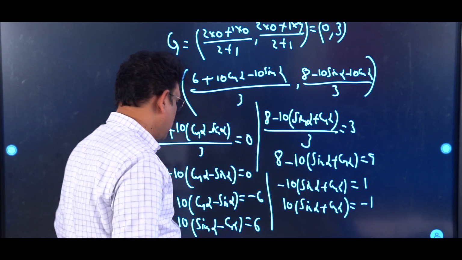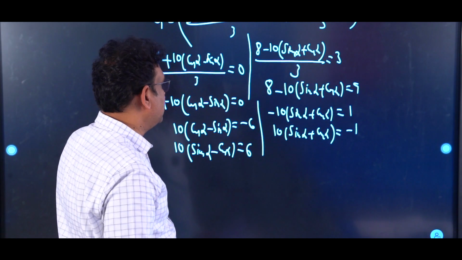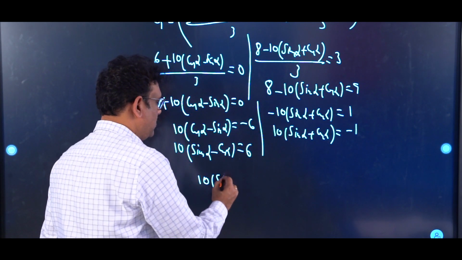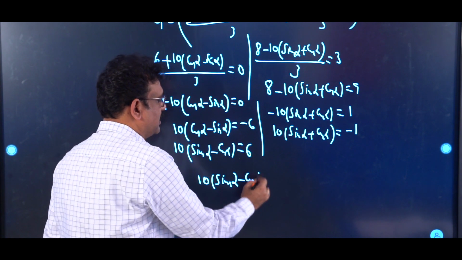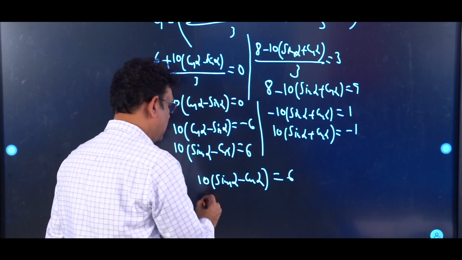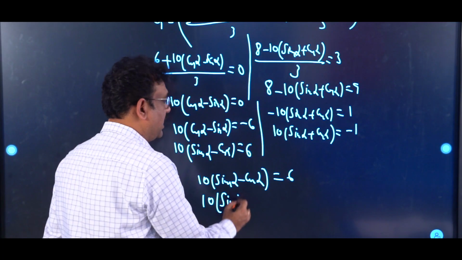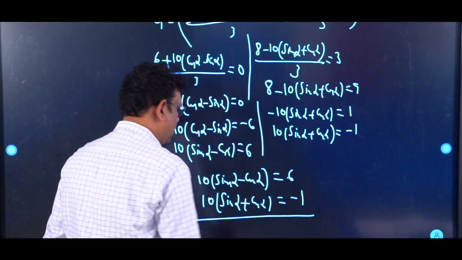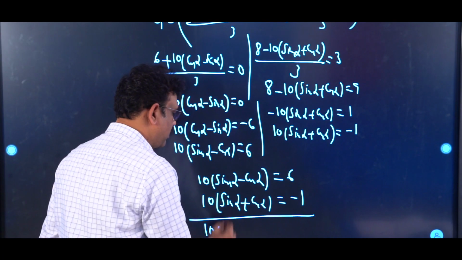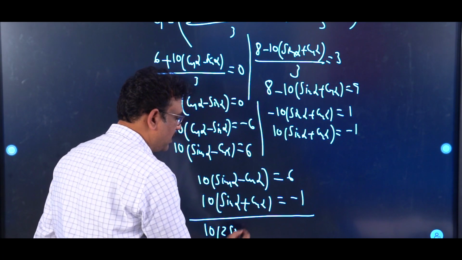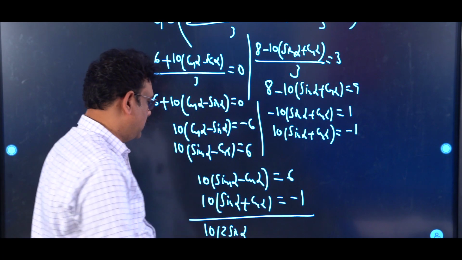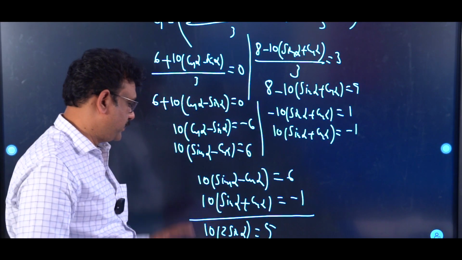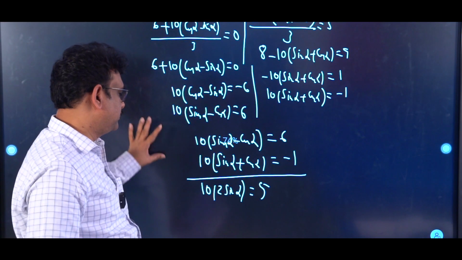Now adding these two values: 10 into (sin alpha minus cos alpha) is equal to 6, and 10 into (sin alpha plus cos alpha) is equal to minus 1. So adding this, we get 10 sin alpha plus 10 sin alpha, 20 sin alpha, is equal to 5.